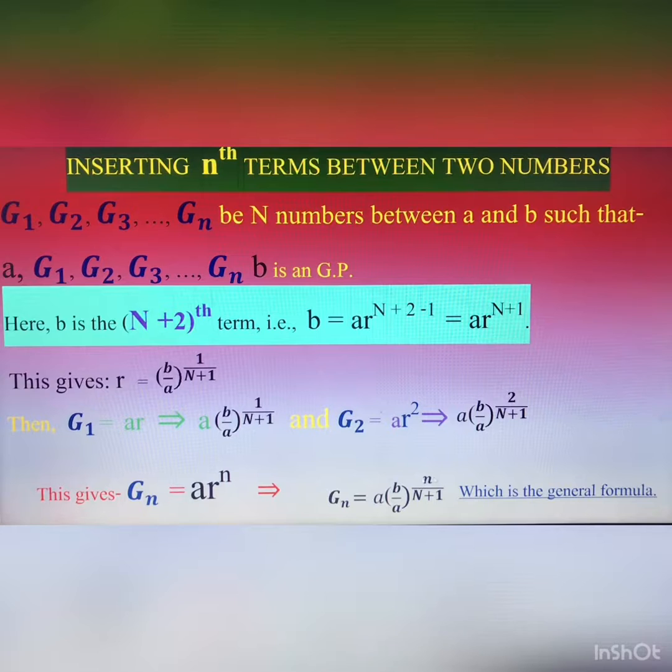So small n is the position of the inserted number and capital N is the total number of inserted terms. So this is the general formula. You can find any of the inserted numbers without solving, using this general formula.